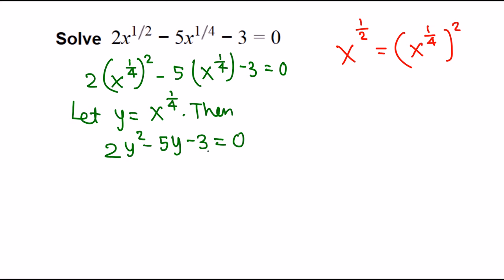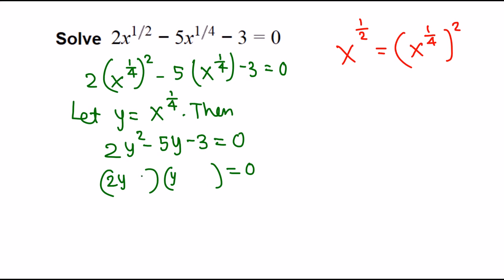Is anything common in all three terms? No. Let's factor. 2y squared, the only way to factor is 2 times 1. You don't have to write 1. y squared is y times y. So 2y squared is just 2y times y. And 3, the only way 3 factors is 1 times 3, or it could be 3 times 1.